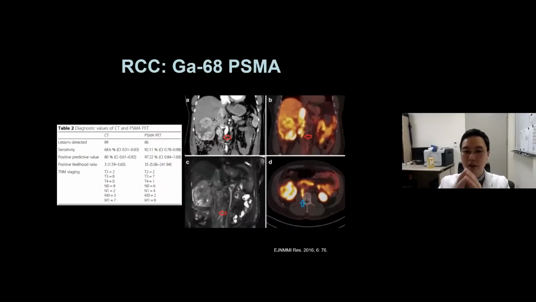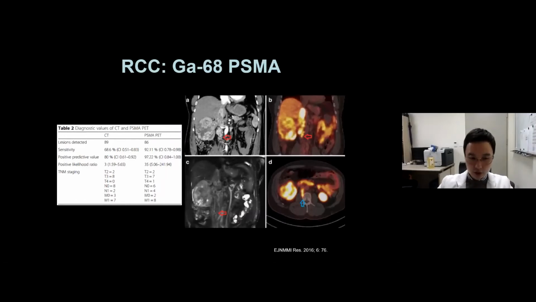Next, there has been an attempt to use PSMA, which is a novel tracer targeting the prostate specific membrane antigen. This PSMA is known to be upregulated and highly expressed in the neovasculature of solid tumors, including RCC.